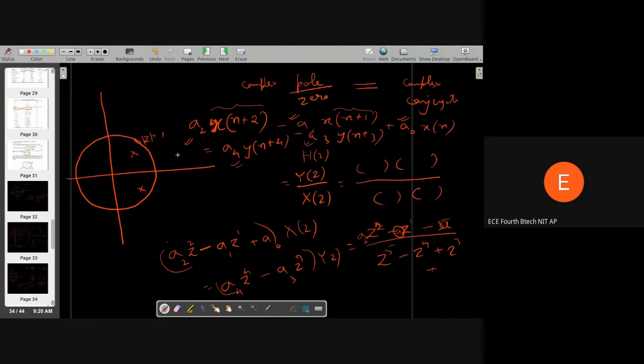So if these things have to be real, then you have to have complex conjugates. If you do not have the complex conjugate, if z minus z1 star is not there, these coefficients will be imaginary or complex, and then our analysis, our system, will break down.